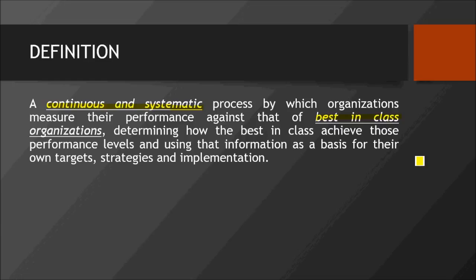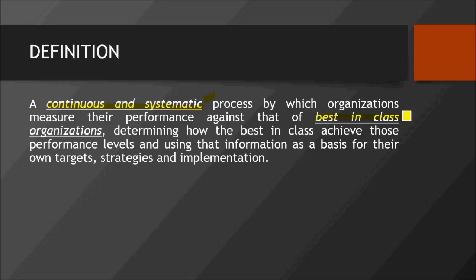Now, if you have a look at this definition, there are two key concepts which you need to pay attention to. The first one is that it's a continuous and systematic process. What do you understand by a continuous process? Benchmarking is not a one-time process where you just do it once and stop. You need to keep doing it in order to be the best in class, in order to hold your position.